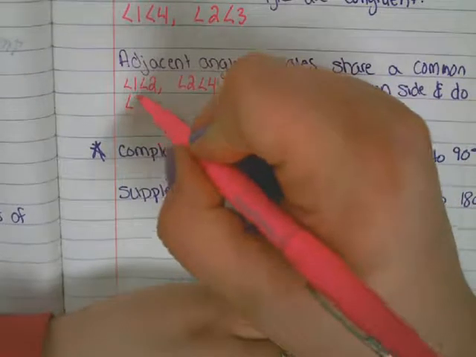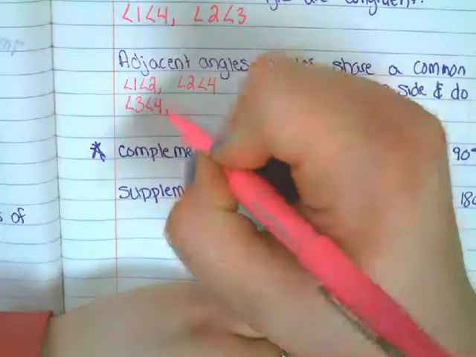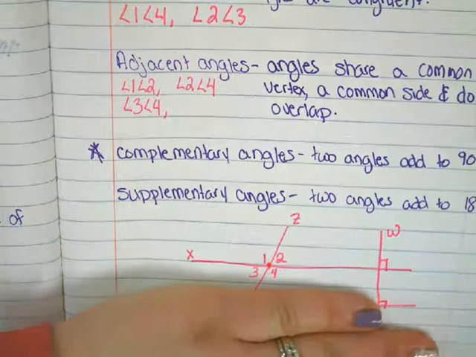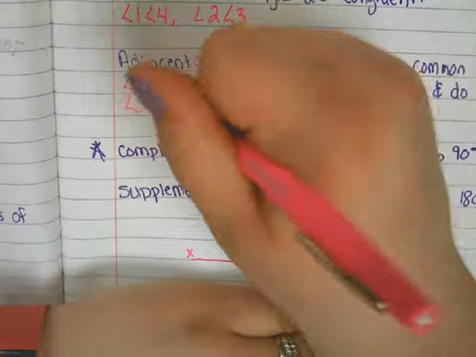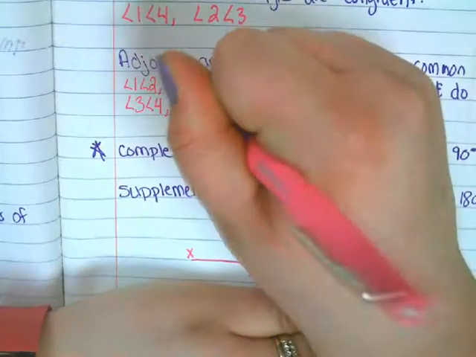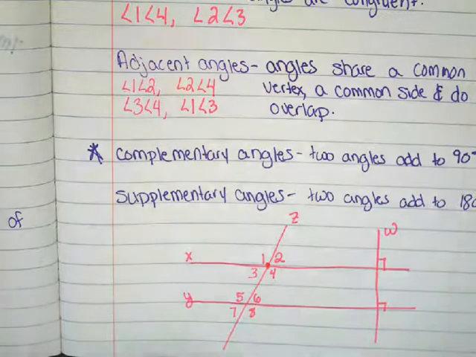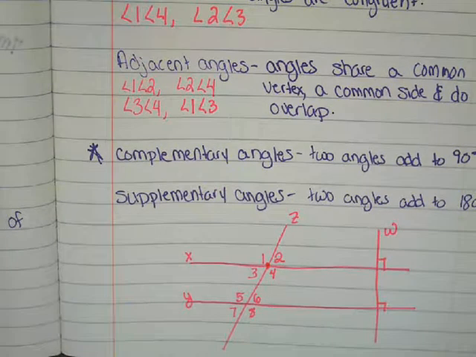Right? Complementary angles. Do I have two angles that add up to 90 degrees? Are there any two angles that add up to 90 degrees? So here's my 90 degrees, right? But that's only one angle.